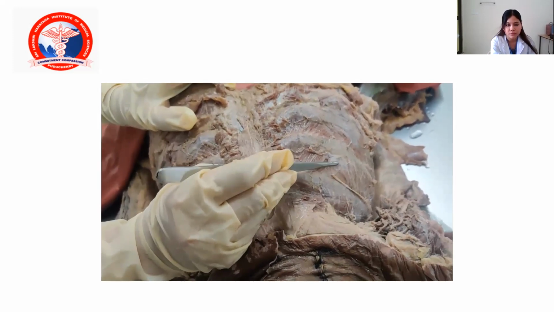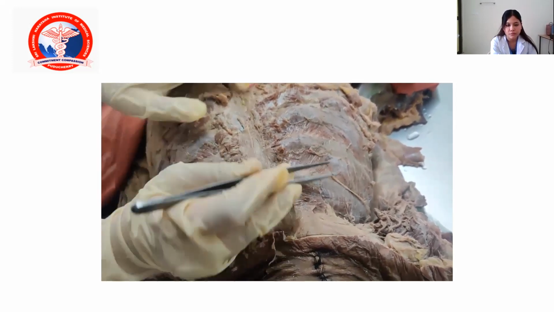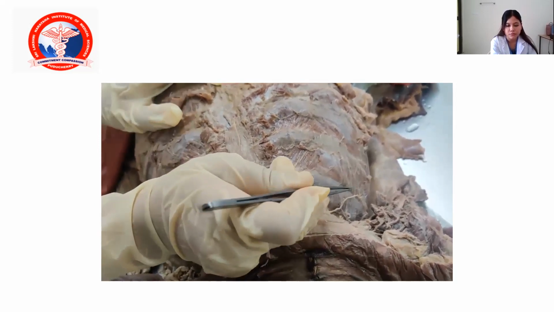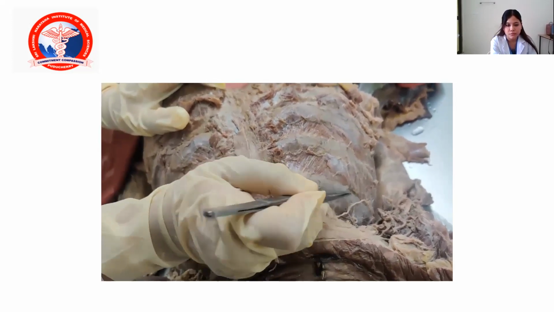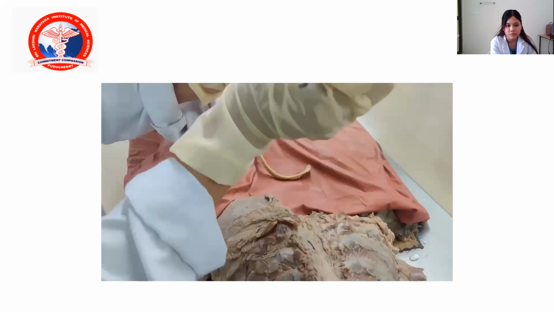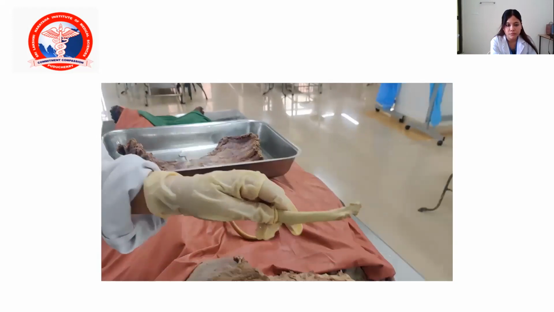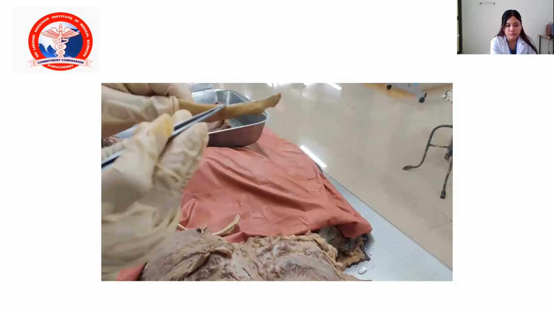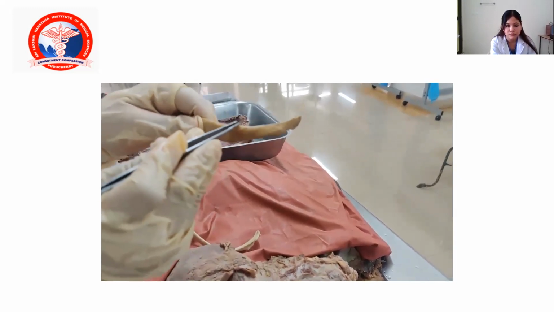The origin of this external intercostalis muscle is from the lower border or lower margin of the upper rib, as I have shown you, and it inserts over the blunt upper area of the lower rib.